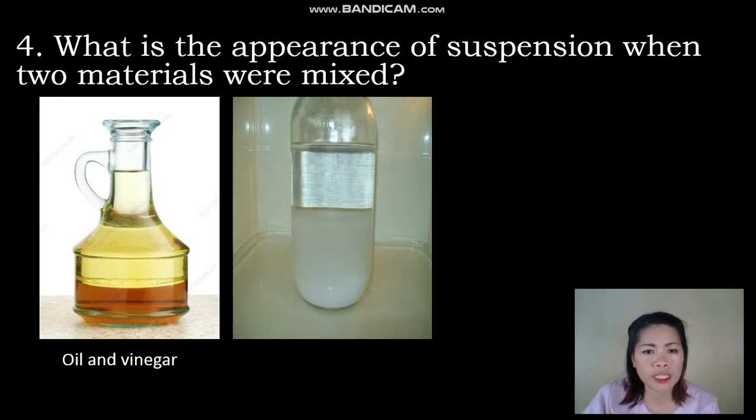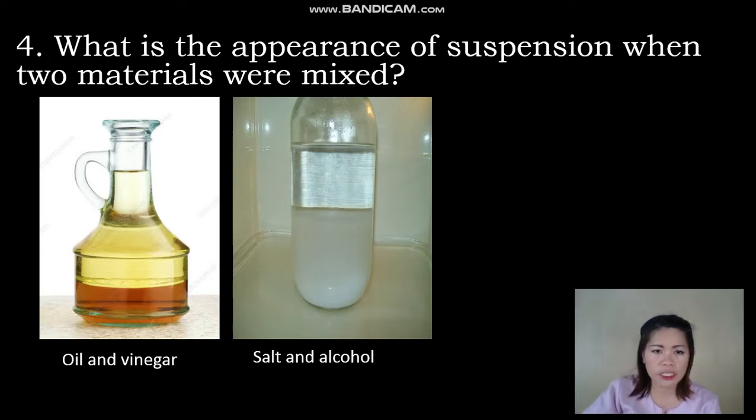And this one is the mixture of salt and alcohol. Now look at the salt. When you mix the salt into water, it dissolves and forms a solution. But when you put the salt into alcohol, it looks like this. The salt suspends, or settles down at the bottom of the bottle. So this is how a suspension looks.